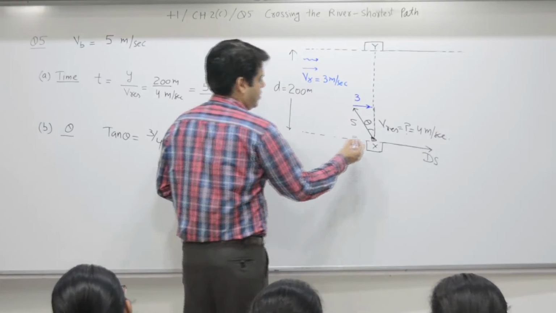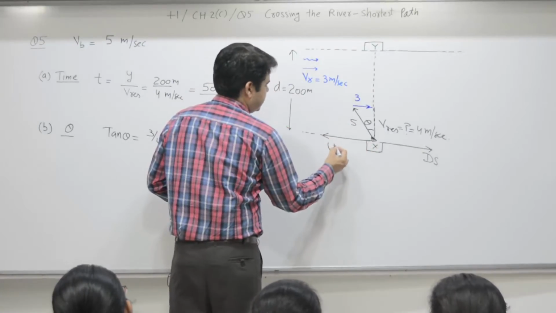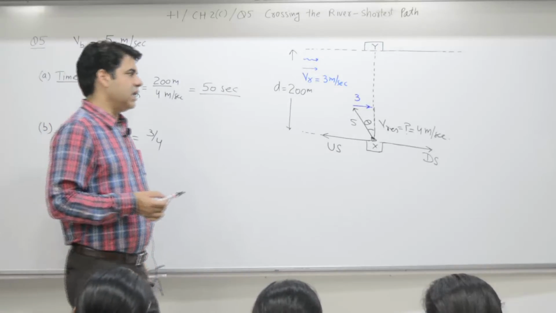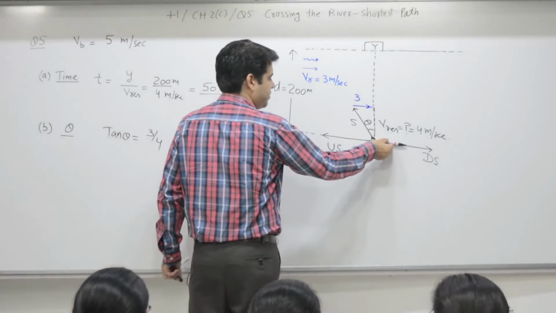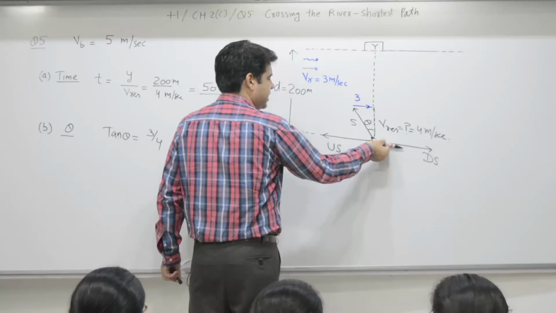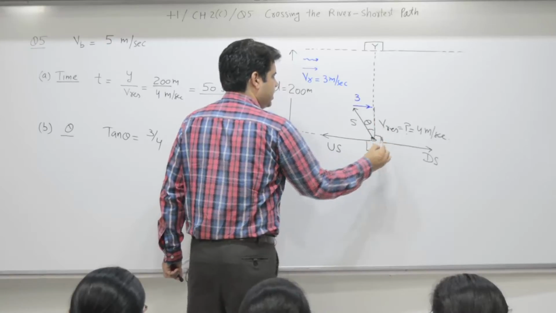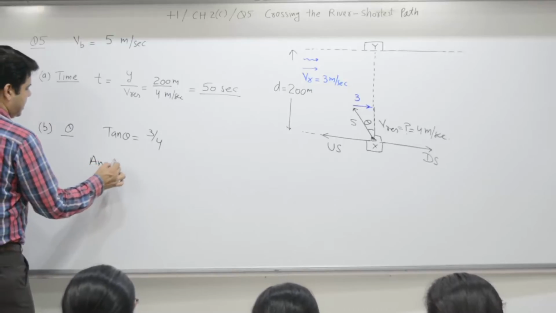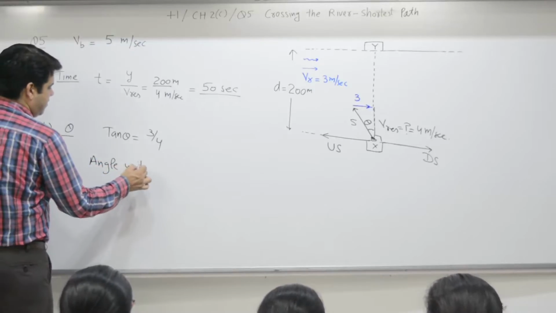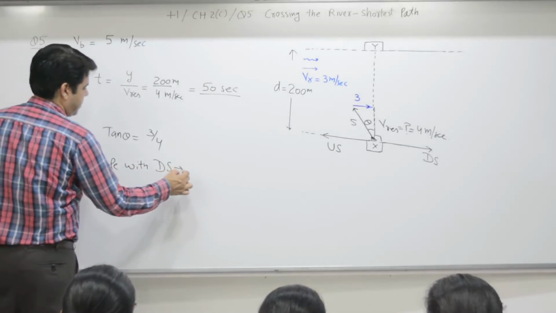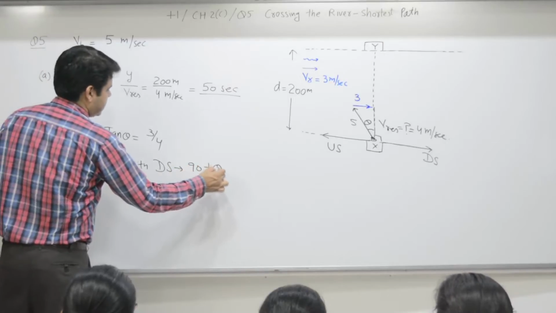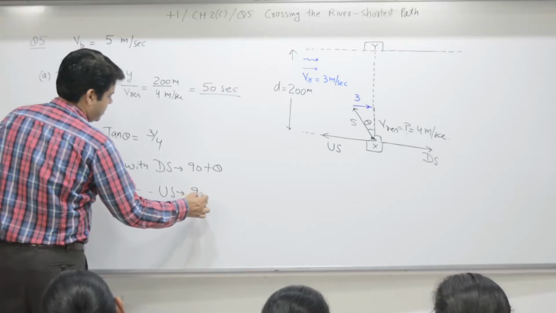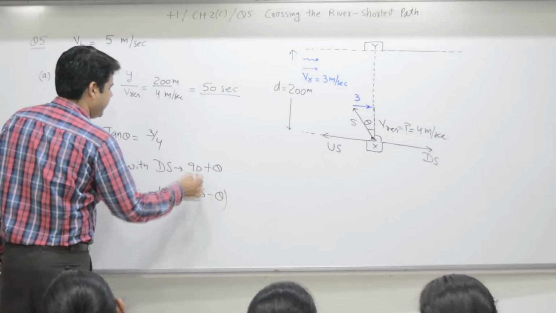Upstream is opposite to what the river is flowing. Generally, in competition you get the angle with the downstream. That means this angle is equal to 90 plus theta with downstream, and 90 minus theta with upstream.